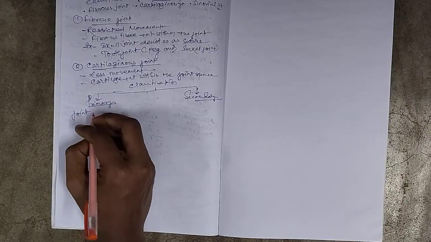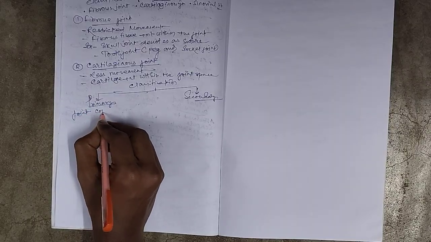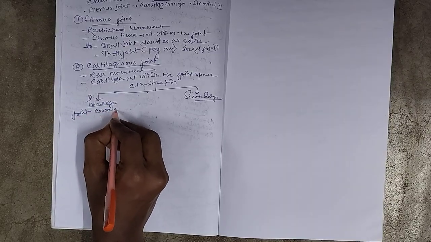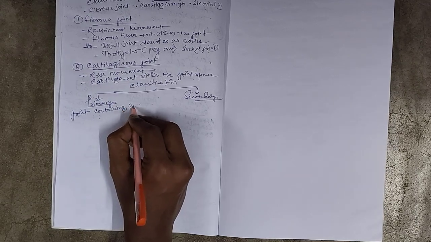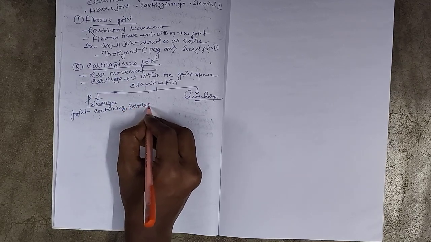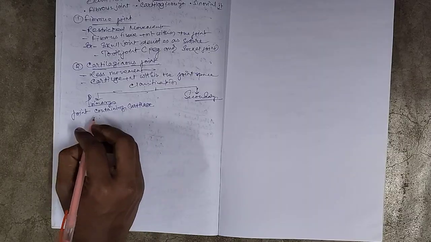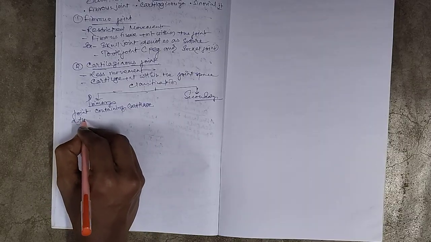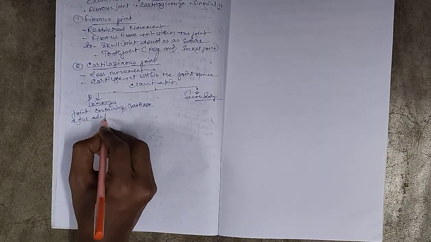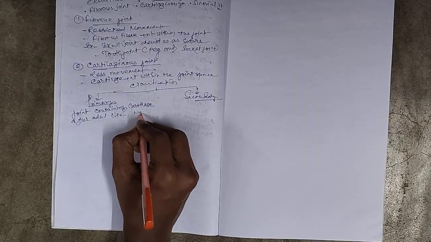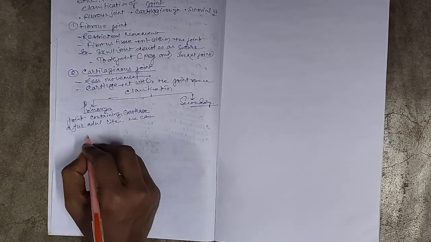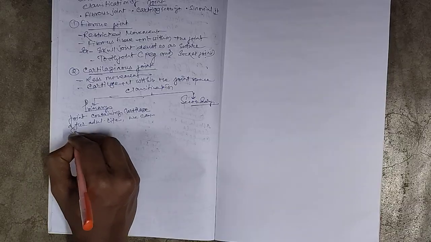In the case of primary, the joint contains cartilage after adult life, and we can't separate it.